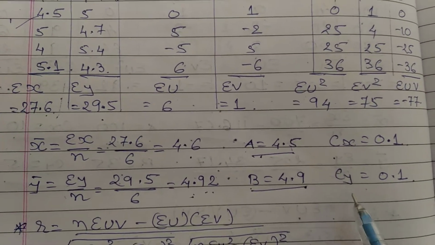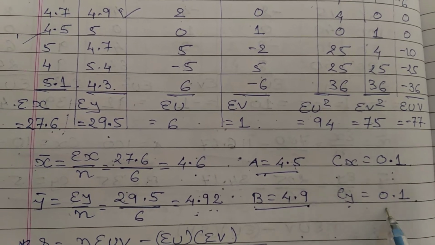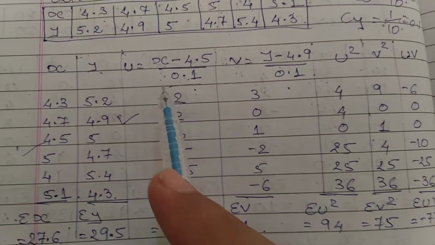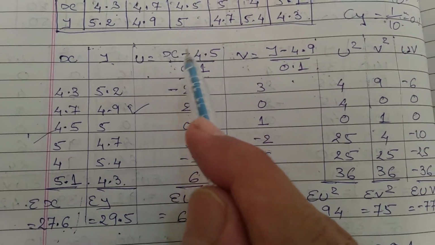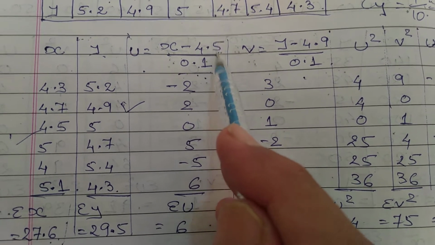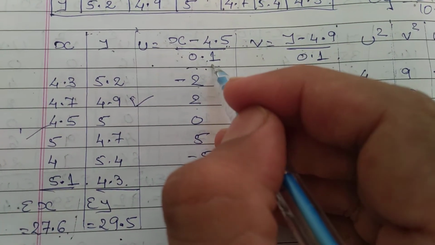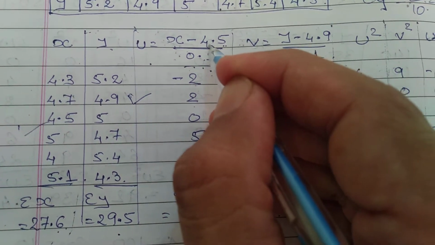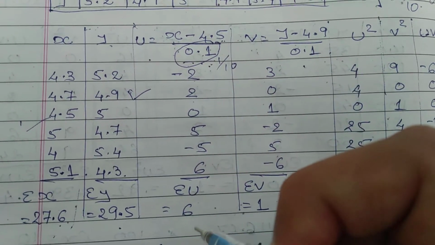Common element of x, common element of y, we have already discussed earlier, that is 0.1, 0.1. The calculation is made as u is equal to x minus a upon cx. X minus assumed mean 4.5 upon 0.1. 0.1 can also be considered as C. Shall we understand this 0.1 as 1 by 10?